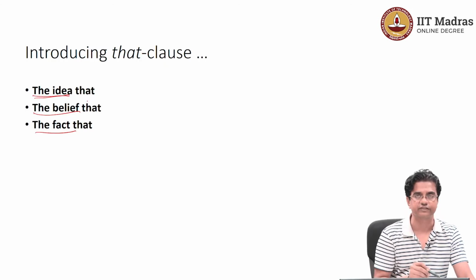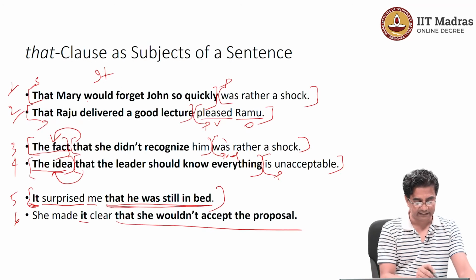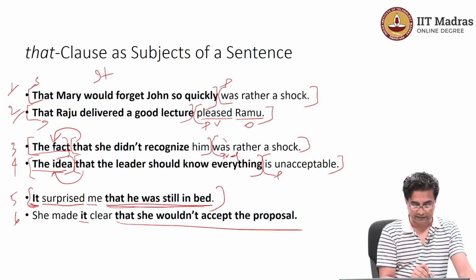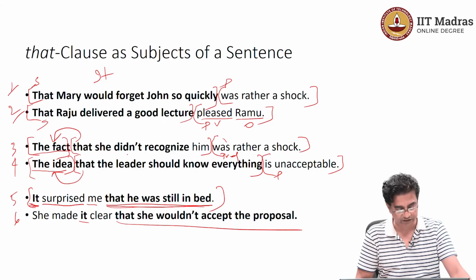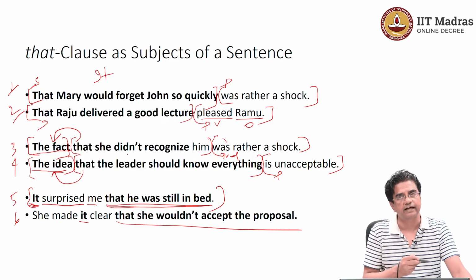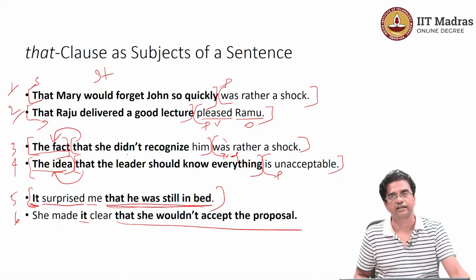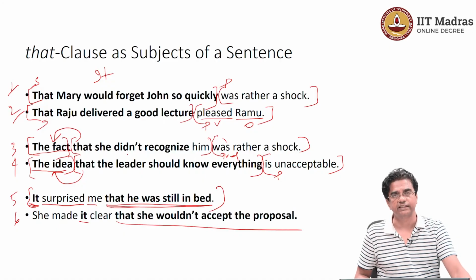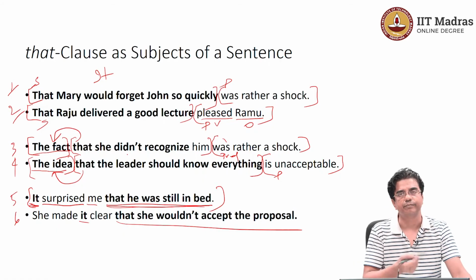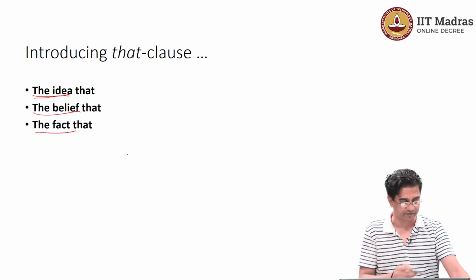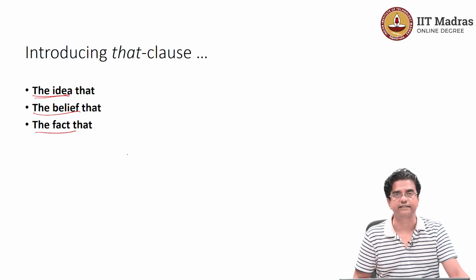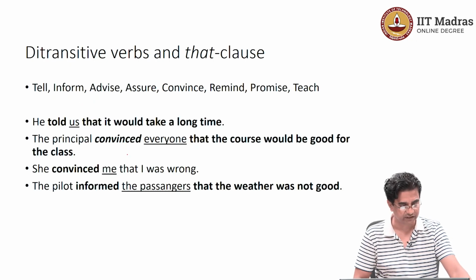So, instead of saying that she did not recognize him was rather a shock, we say the fact that she did not recognize him was a shock. In this case, the fact becomes the subject of the sentence. That's all the purpose of these 3 elements in English.